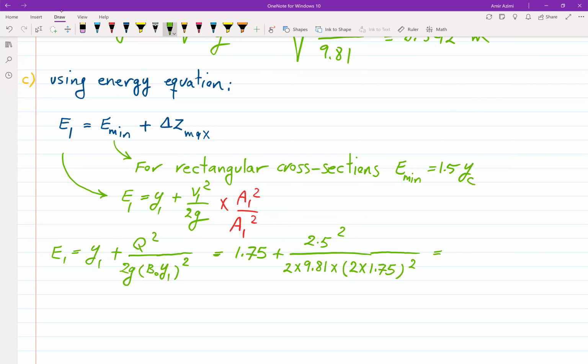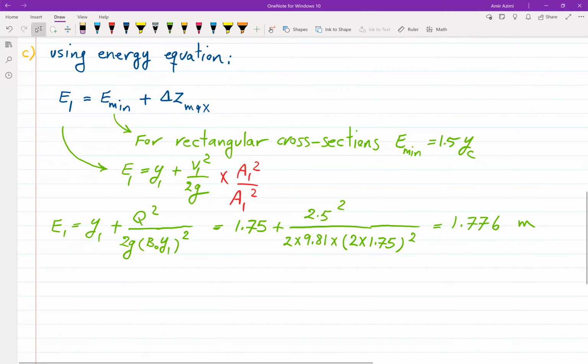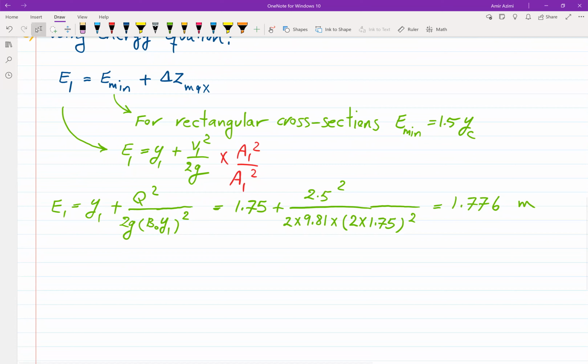That gives me E1 equal to 1.776 meter. So if you compare it with the depth 1.75, you will see that the contribution of the depth in respect to the velocity head is much higher. So that's mostly the case for subcritical flow.